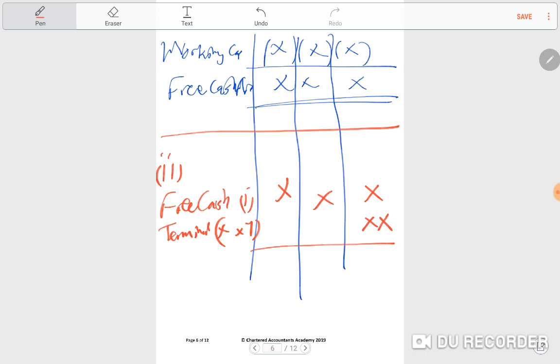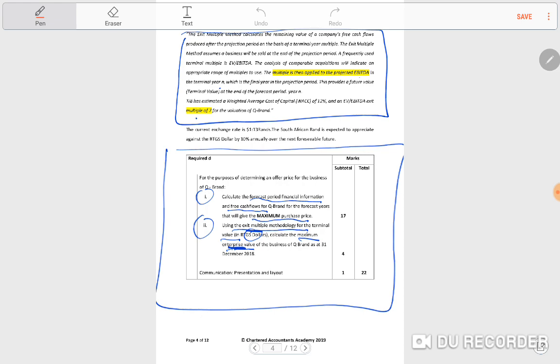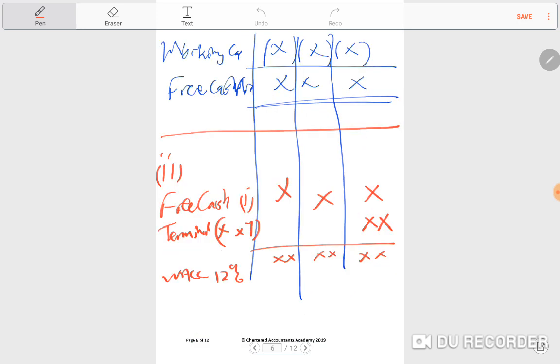There is no other adjustment. And then we get our total free cash flows, and then we present value using our WACC of 12%. Since we were given the WACC of 12% right over here, TIB has estimated a WACC of 12%. So we're going to present value using 12%.